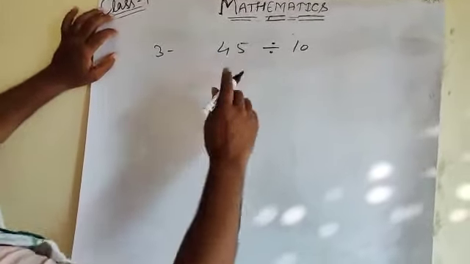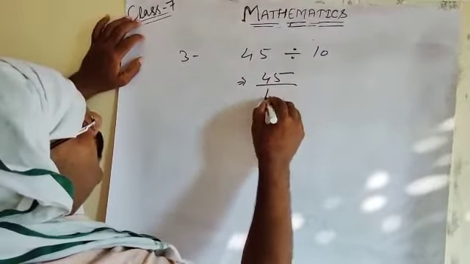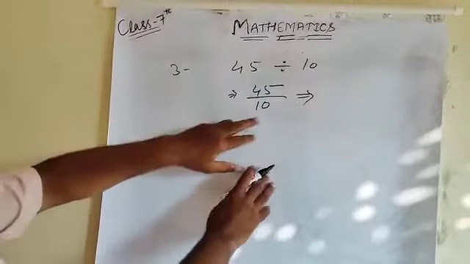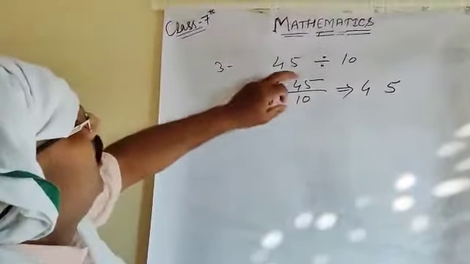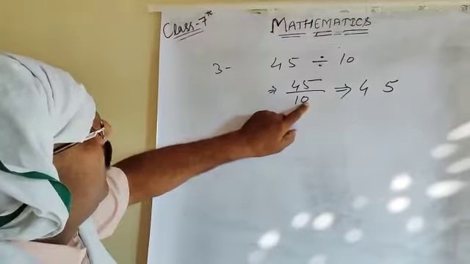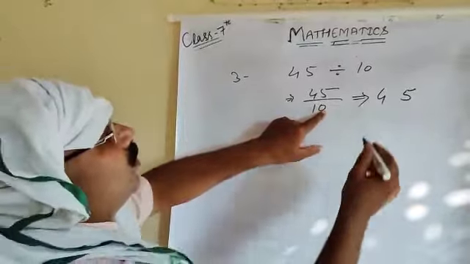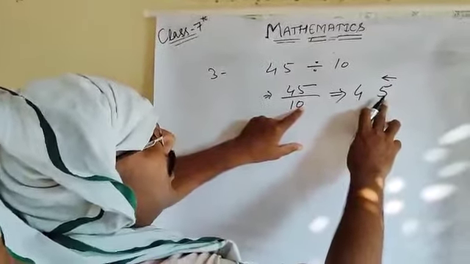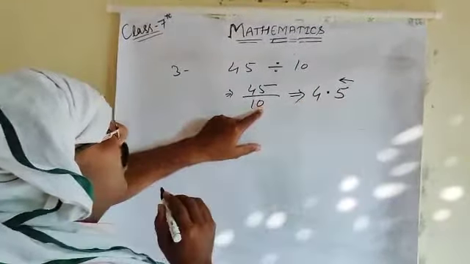You will write this number as 45 by 10 like this, and you will put the decimal in the numerator by the number of zeros. There is 1 zero over 1, so you will count 1 place of digits from the right side and you will put the decimal.